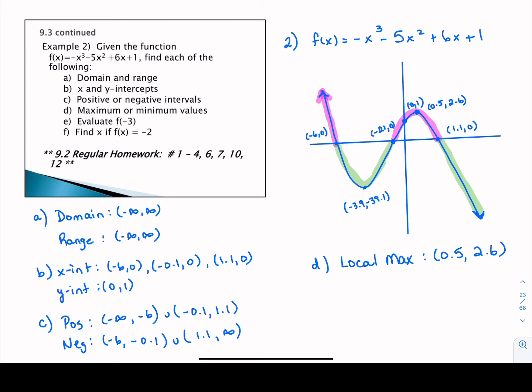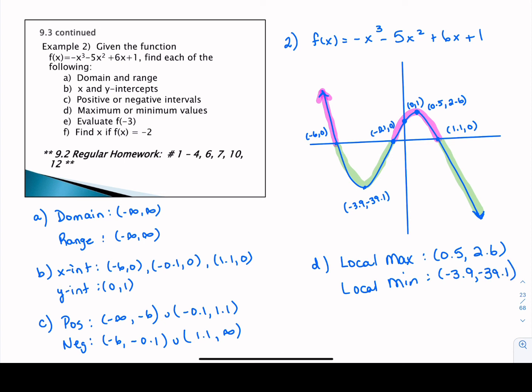We can see that the graph goes higher or lower than these sort of peaks and valleys, so these are in fact local maximums. Or we have a local minimum as well. And that local minimum we found to be at -3.9 for an x value and -39.1 as our y value.